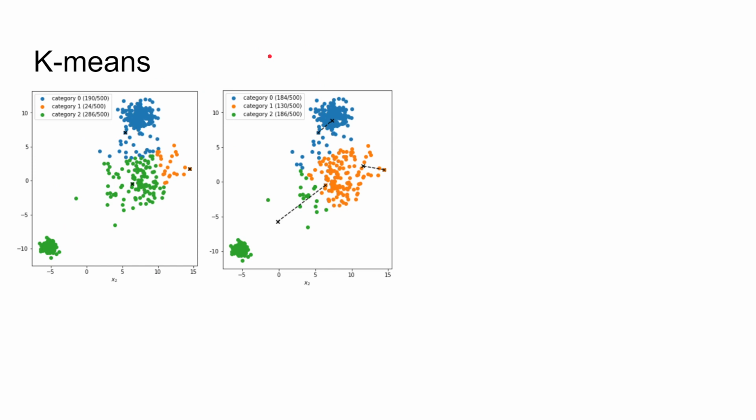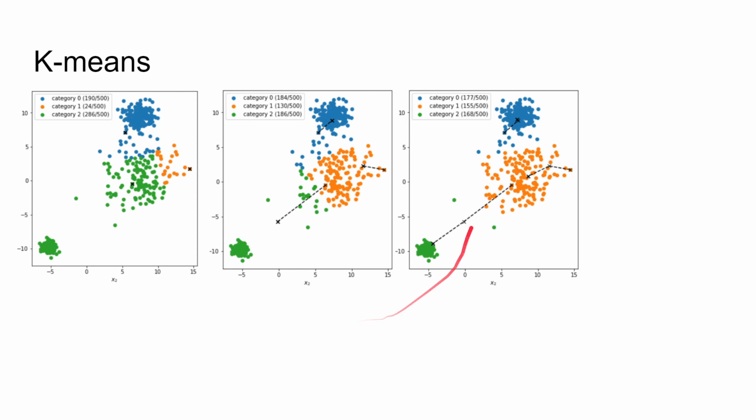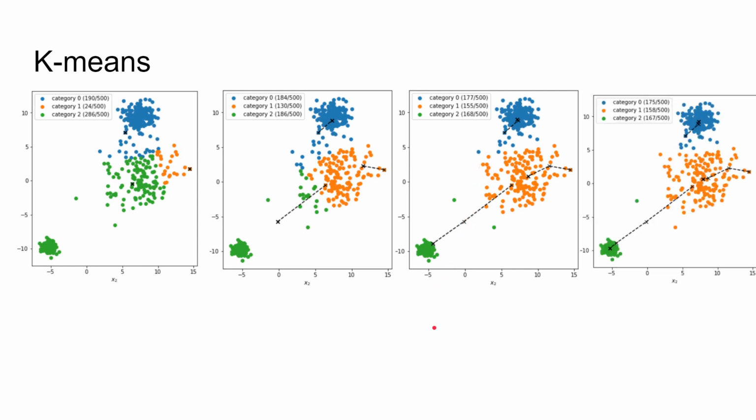Now I do one step of the algorithm. So this one moved to here, this one moved to here, this one moved to here. Iterate again, and even after just 4 steps, we're getting pretty good groupings into these 3 categories. Okay.